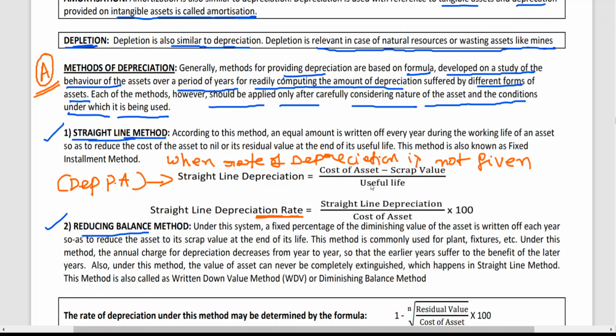And after getting that depreciation amount, if you want the straight line depreciation rate, take the depreciation amount by cost of asset into 100. Clear to all of you? It's very simple. Generally, this is important from the MCQ point of view, but from the depreciation chapter, I think they won't generally be asking. Having said that, in a professional course, you should learn each and everything.